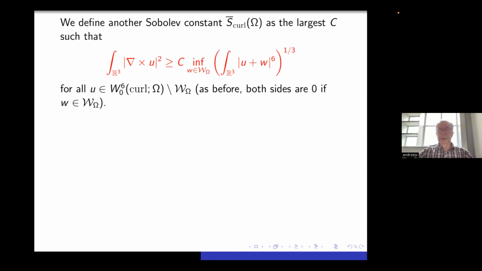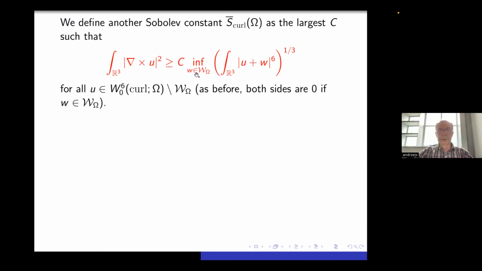Now also one can define another Sobolev constant, S curl bar of omega. So it's the same inequality as before, but with one important difference. Here we don't take W in the whole W, but we restrict W to W omega.